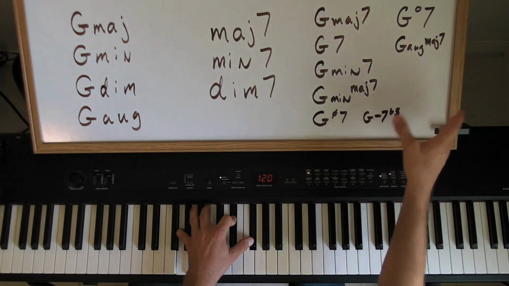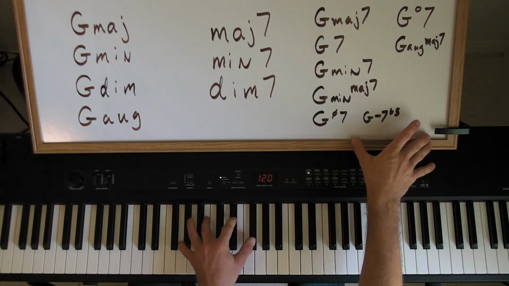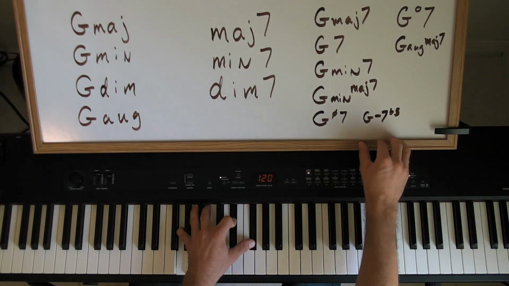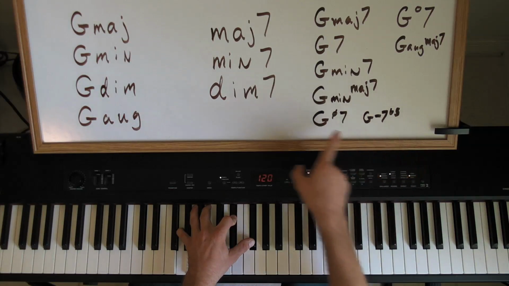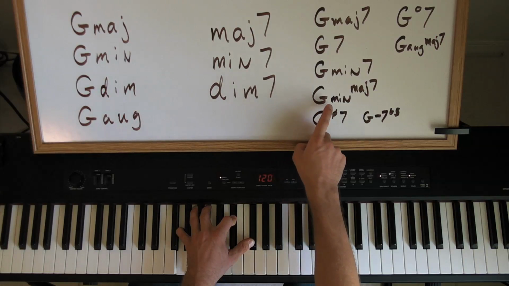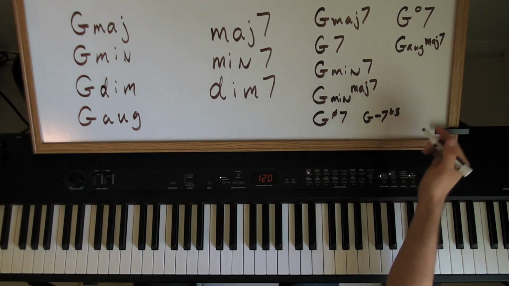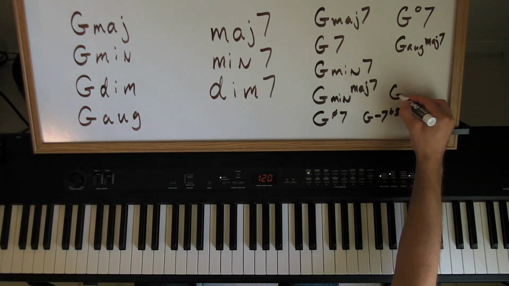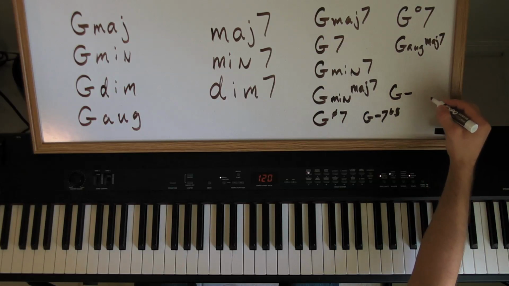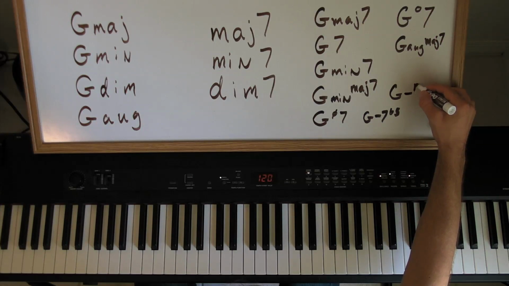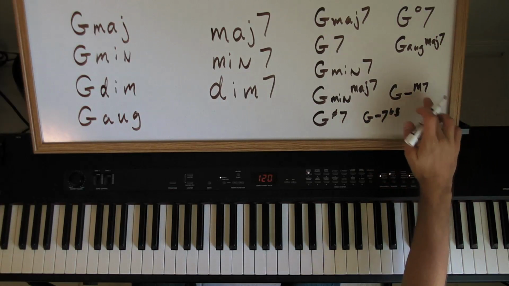Now, you might see some different names for these every now and then. I can't think of any at the moment, but you might see them written differently. Like I said, for this, you might see G, lowercase m, uppercase M. Sometimes instead of writing minor, you'll see that little minus sign. You might see something like that, G minor major 7.